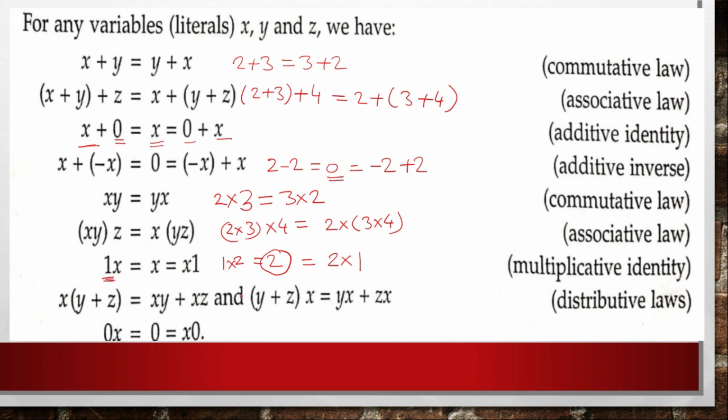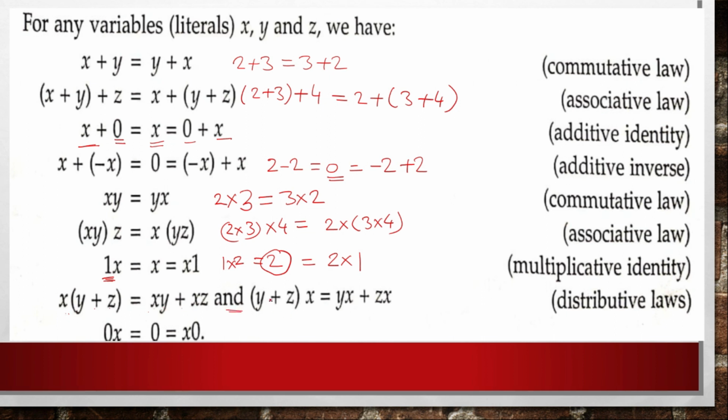Now the distributive law. That means if I multiply x into the sum of y plus z, the result will be the same as x into y plus x into z.